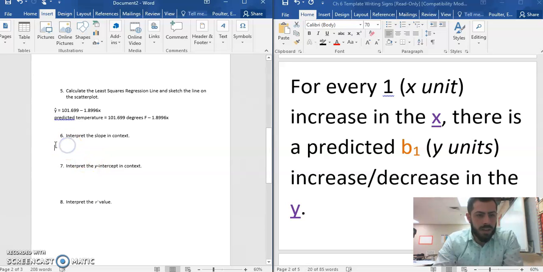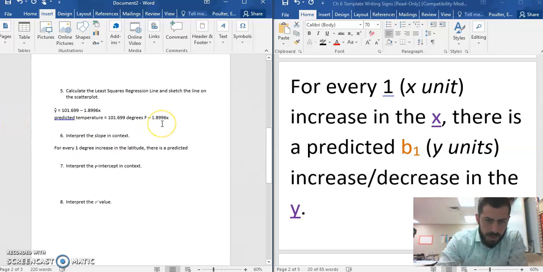So let's do that. For every 1 degree increase in the latitude, there is a predicted, what's our slope?